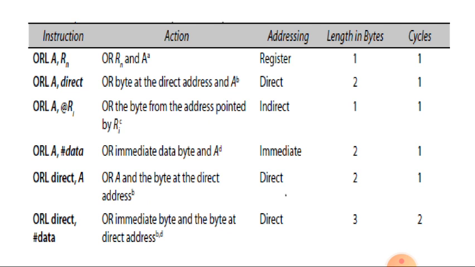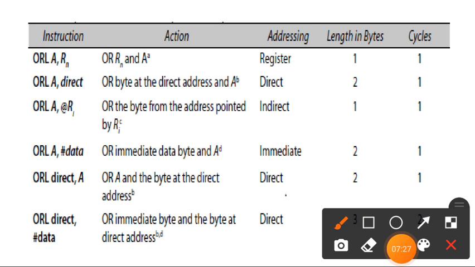Then here ORL A, #data. Hash data is the immediate data. The OR operation is performed on the immediate data byte and the accumulator, and the result will be stored in the accumulator. And here ORL direct, A. Here, OR the accumulator to the direct byte. And ORL direct, #data.